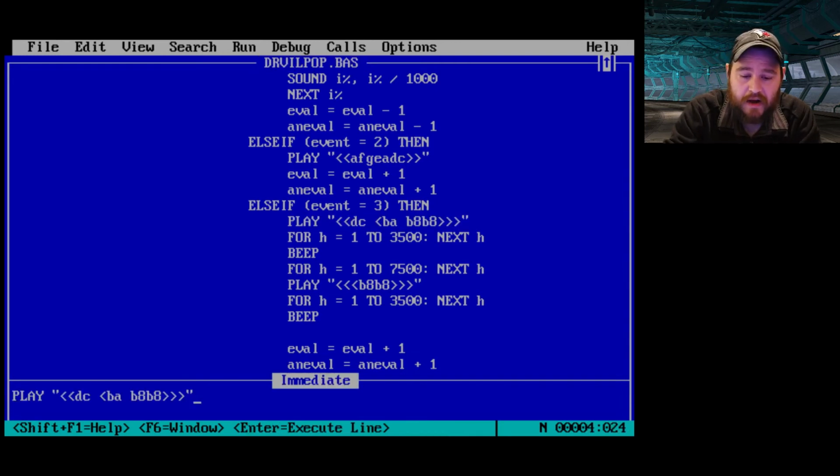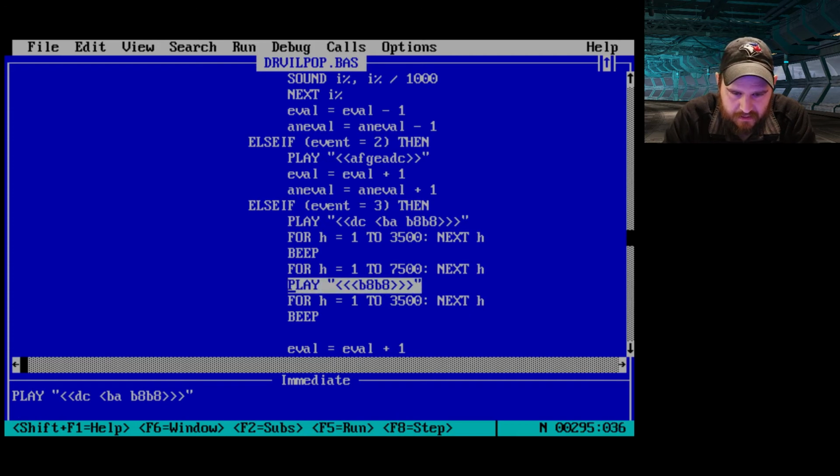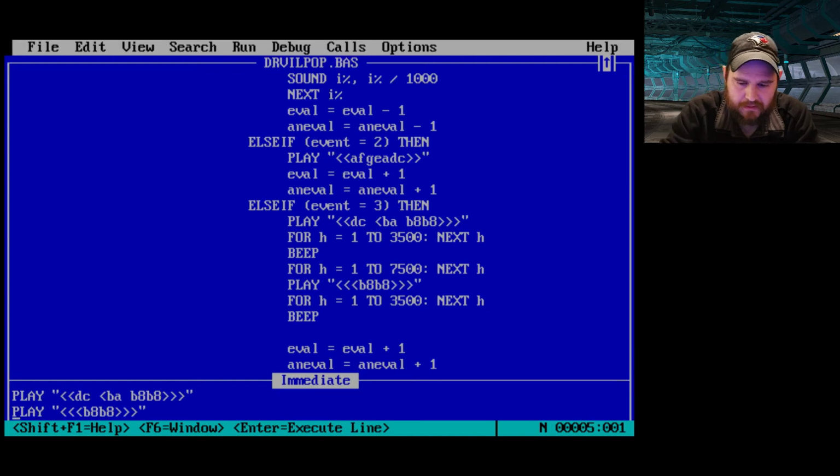Man, you could make a soundtrack to this game. And then we wait a little bit, and we quickly follow it up with this. Well, it's supposed to beep in between, but we don't get beeps.